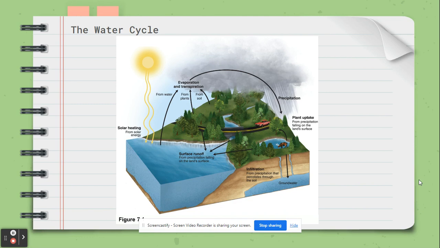Eventually, over time, we see condensation, that water vapor turning back into liquid and returning to earth. Plants can then take that water back up through their roots and start the cycle all over again. Some of that water can hit earth's surface and go through runoff into land surfaces, or it can infiltrate into soils and eventually be trapped underground in groundwater aquifers.